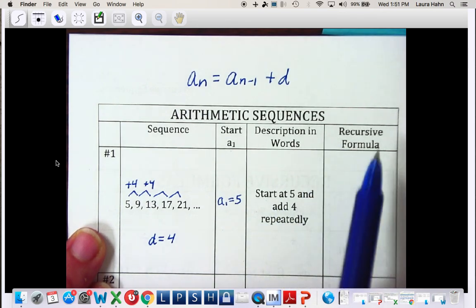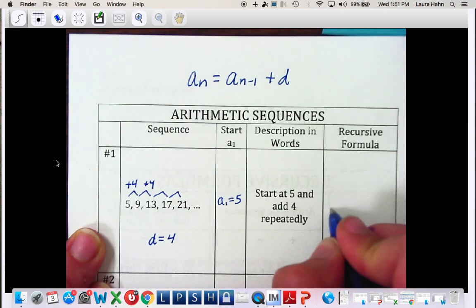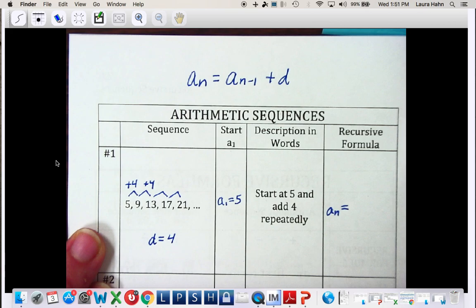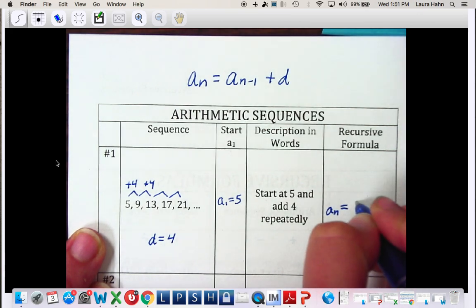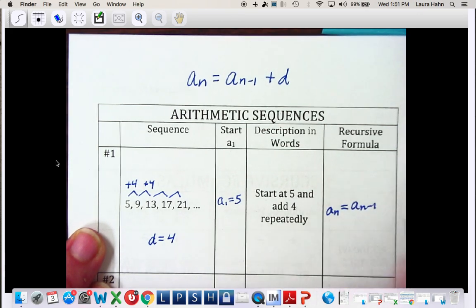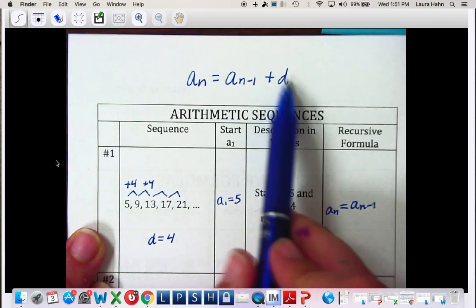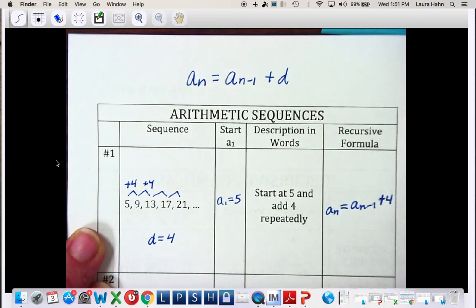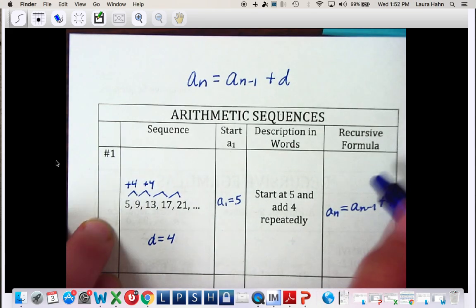So let's write our formula. So I know that we can find any term, the nth term, equals, we're going to take our previous term, which is a sub n minus 1, and then our common difference we said was 4, a positive 4, because we're adding 4 each time. Guys, I might write this sideways from now on, because it's probably going to fit better.